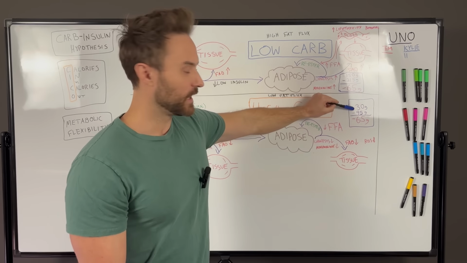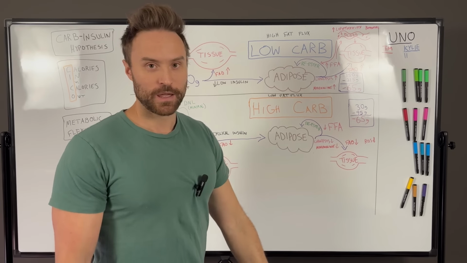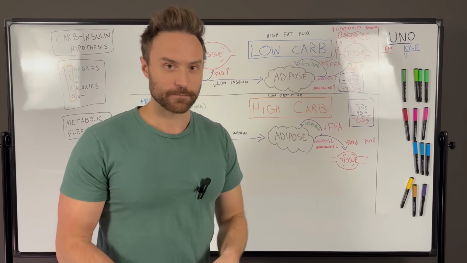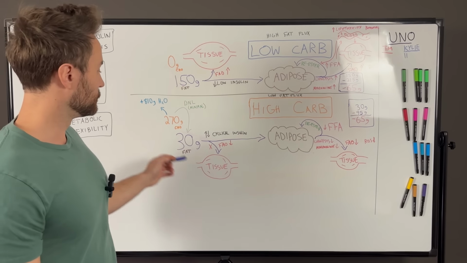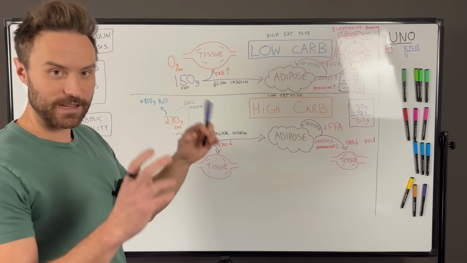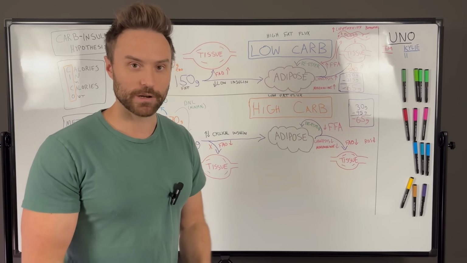Now, you might be wondering, how do we burn 95 if we're not able to get any out of the adipose tissue? Well, again, it's not an all or nothing thing. This is always a spectrum. This is only 270 grams of carbs, which for many people with 30 grams of fat and let's say adequate protein would be in a calorie deficit. And this is actually where the calorie model does apply pretty well.